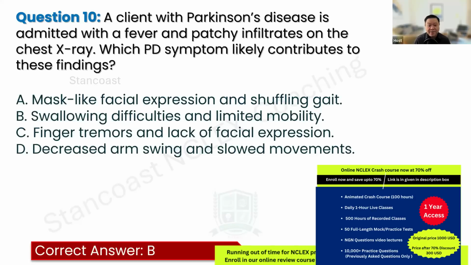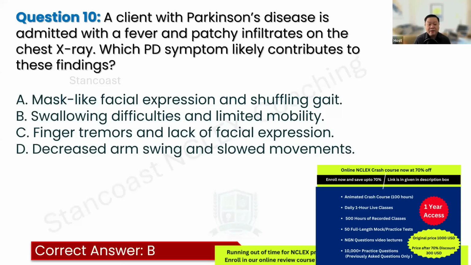For letter A, this is incorrect because mask-like facies affect expression but do not directly cause respiratory issues. For letter C, this is also incorrect. The tremors and flat affect relate to motor control and do not increase pulmonary risk. And letter D is also incorrect because reduced arm swing and bradykinesia are movement-related issues without a direct link to respiratory infections.